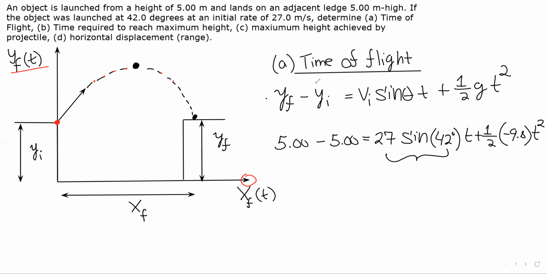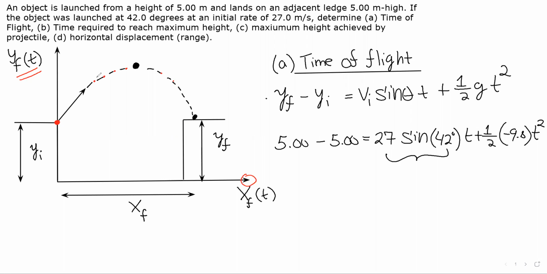So here's my diagram. I just want to emphasize a few things and offer a few suggestions. First off, notice my y-axis and my x-axis. Notice how it's proper to put my y-axis at the very end of the first ledge. Notice how I labeled my axes. I actually call my vertical axis y final as a function of time.